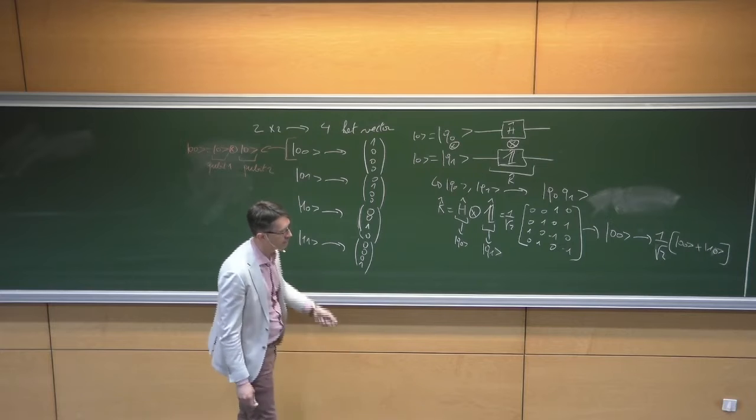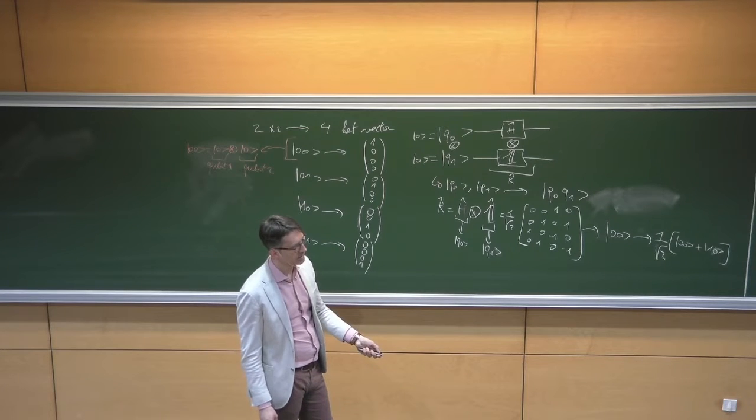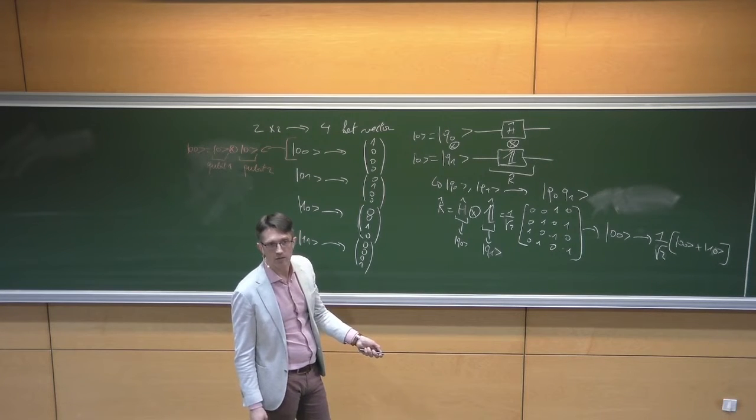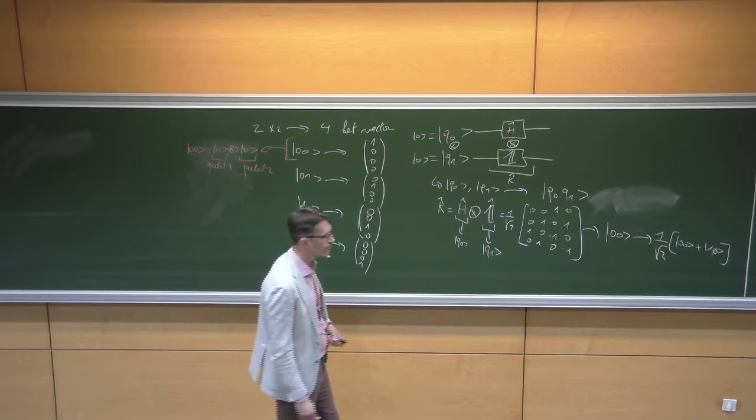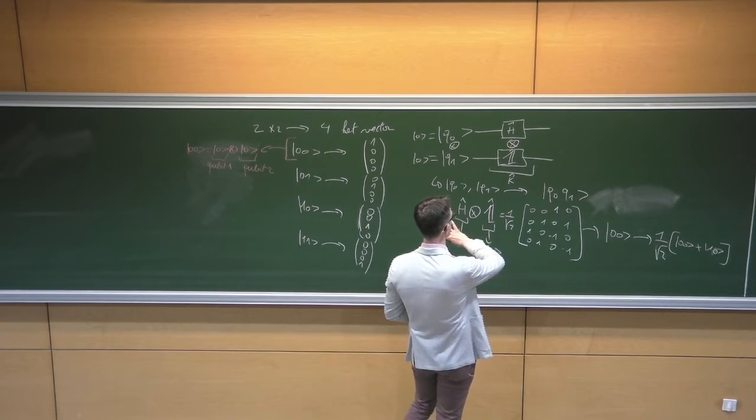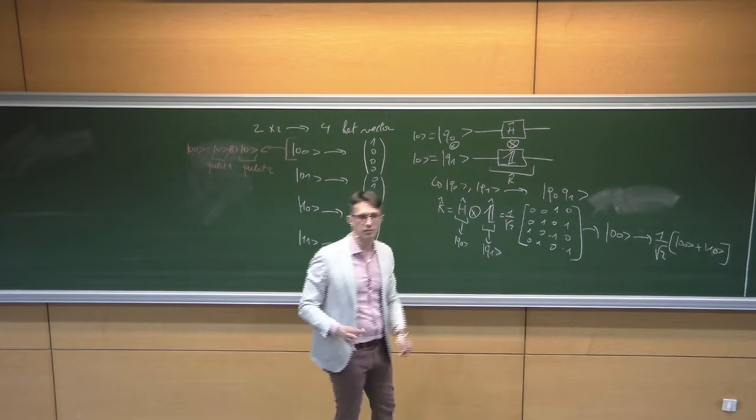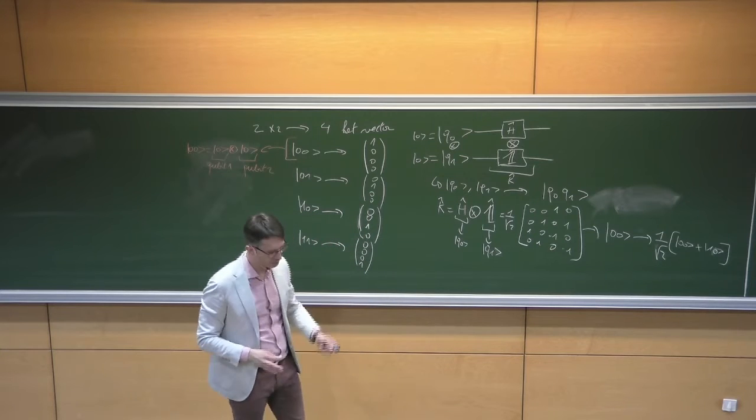So I end up with the Bell state phi plus, which is 1 over square root of 2, (0, 0 plus 1, 1).